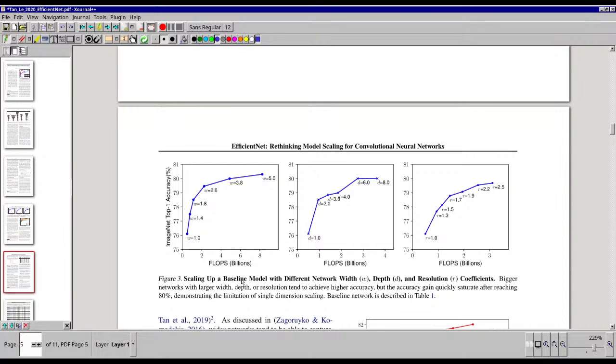Scaling up a baseline model with different depth, width, or resolution coefficients. Bigger networks with larger width or resolution tend to achieve higher accuracy, but the accuracy gain quickly saturates after reaching 80%, demonstrating the limitation of single-dimensional scaling. The baseline network is described in Table 1.